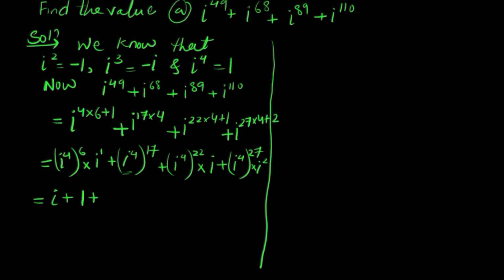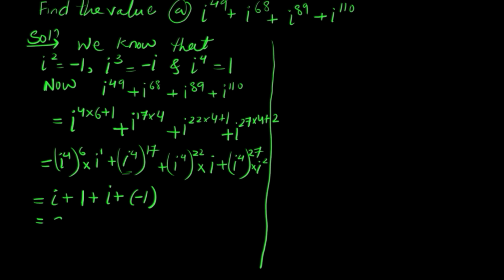Plus i raised to 4 is 1, 1 raised to 22 is 1, 1 into i is i. Plus i raised to 4 is 1, 1 raised to 27 is 1, and i square is minus 1.